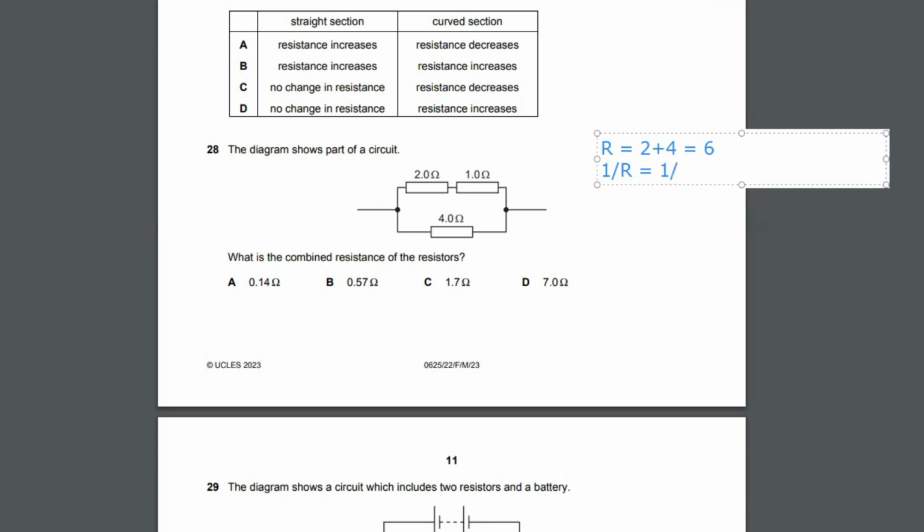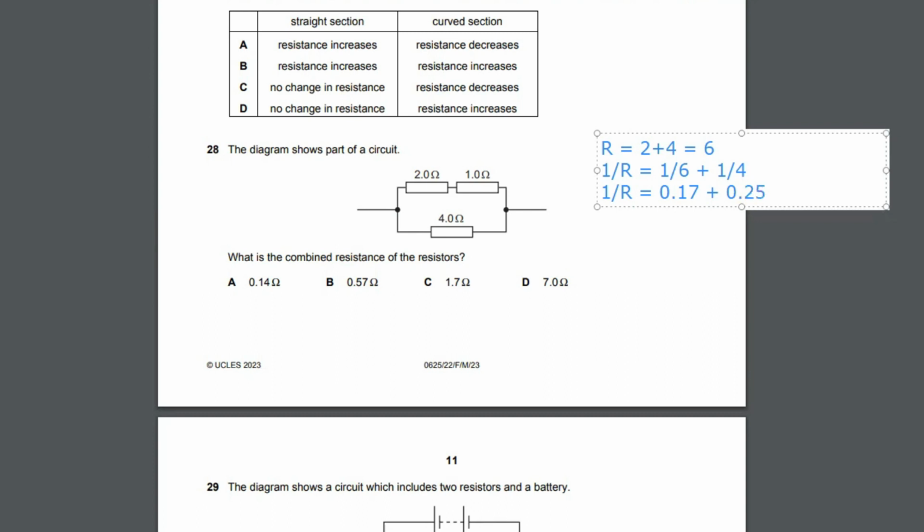Now, the formula for parallel resistors is 1 upon R is equal to 1 divided by R1 plus 1 divided by R2. So in this case, R1 is now 6, plus 1 divided by 4, which is R2. So 1 divided by R is equal to, now 1 divided by 6 is 0.166, so let's say 0.17, plus 1 divided by 4. A quarter is 0.25.